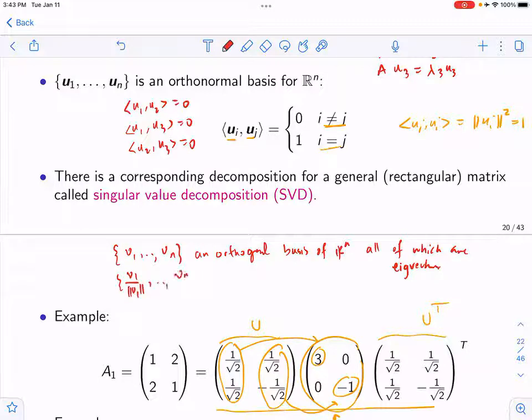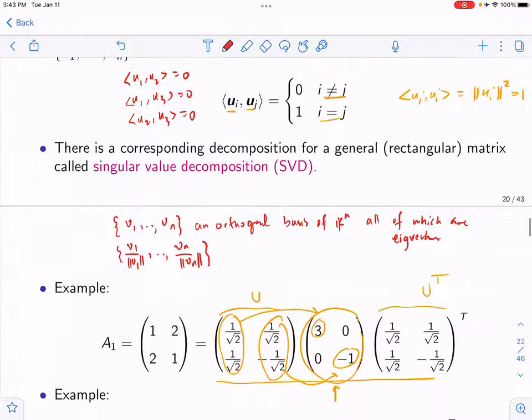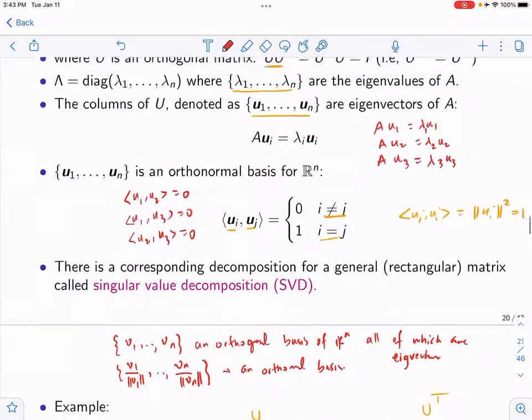I can divide each one by its norm. You can easily argue that each one still is an eigenvector, since this is just a number. And the orthogonality still holds. And now this is going to be an orthonormal basis.